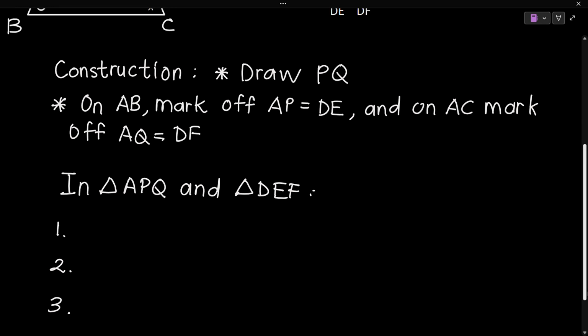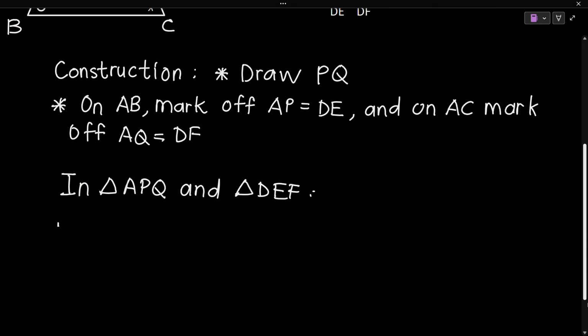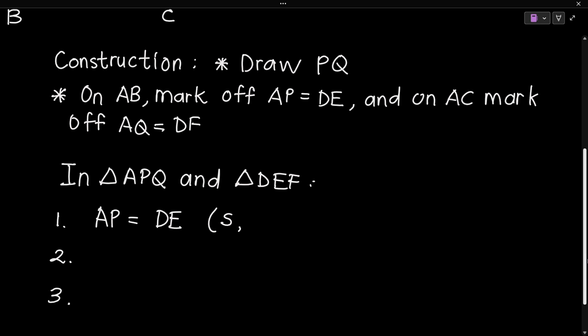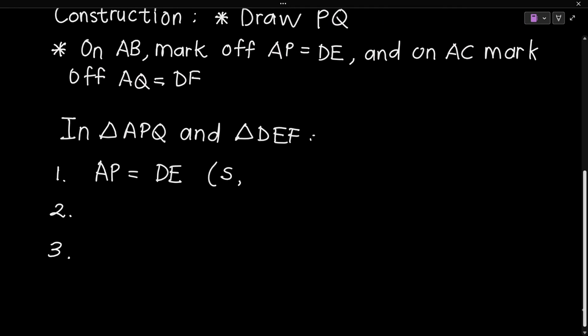Now, if you look at your two triangles, the first thing you notice that are the same about each other is AP is equal to DE. So let's mention that. AP is equal to DE. Now, firstly, we know that it is a side, and where exactly do we get this from? We get this from our construction. That is something that we filled onto our diagram.